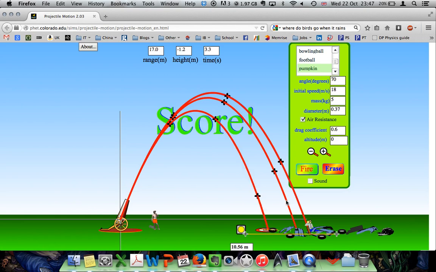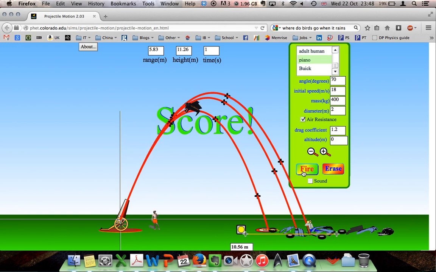Oh, and I hit the target. Yay! Result. And let's try the piano. Quite big, quite heavy, and it goes splat. So different air resistance there does have an effect depending on the mass and the aerodynamic properties of the material. Okay, thank you very much.